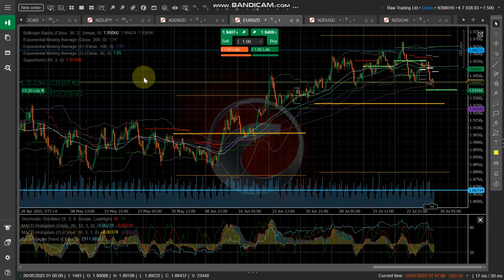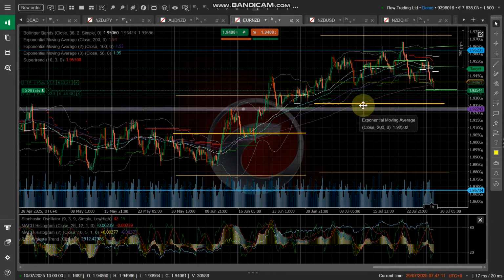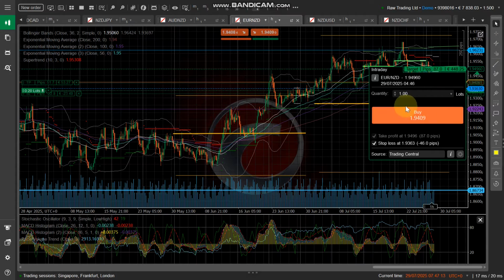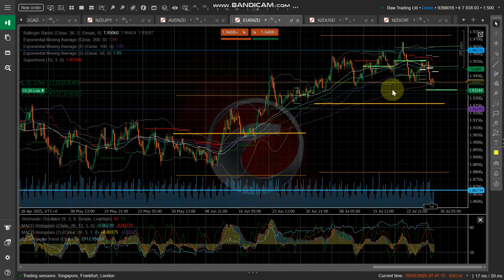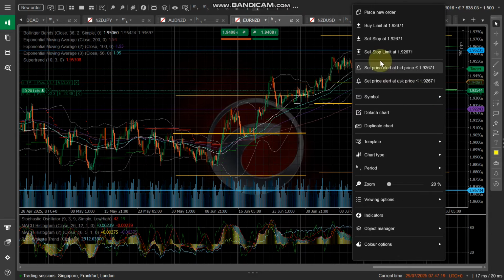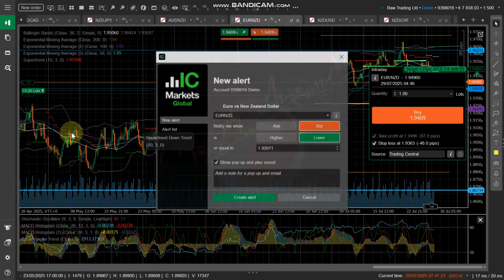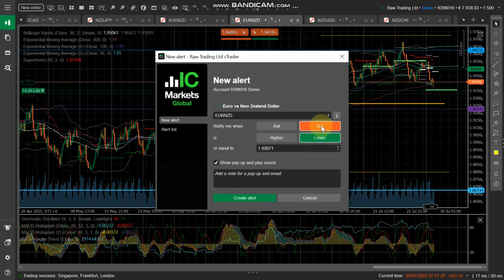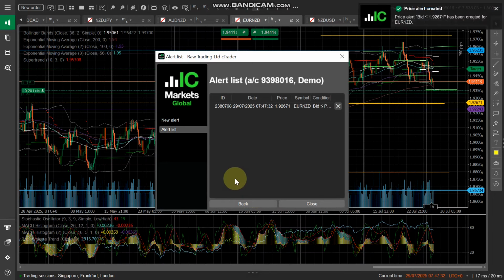But anyway, for the heck of it, if it comes here and I'm not there, it can send me an email alarm or whatever. Set the price alert. Okay, alert. I don't know what this lower bit is, create alert. Okay, the alert is on.